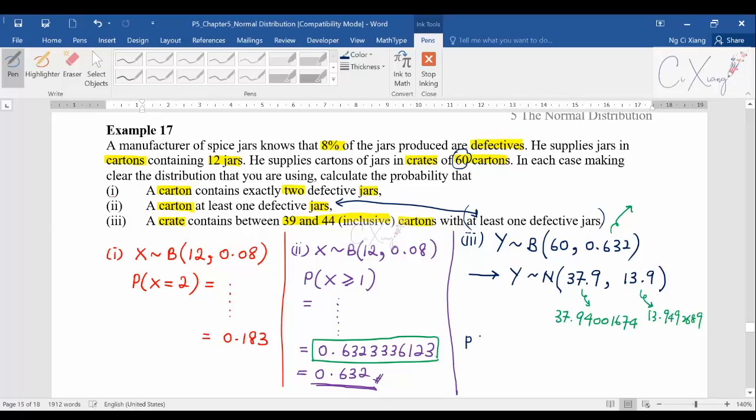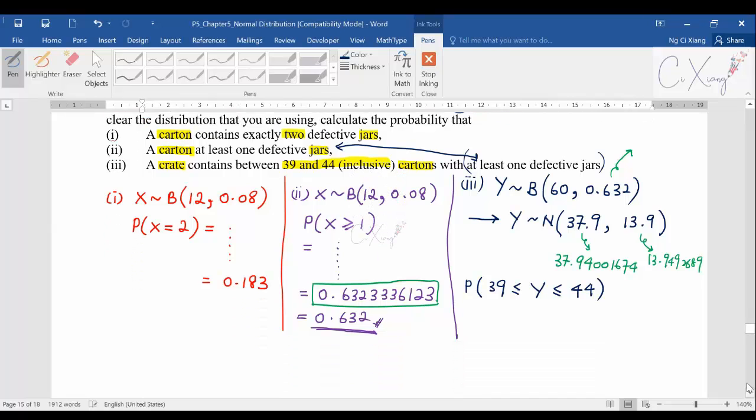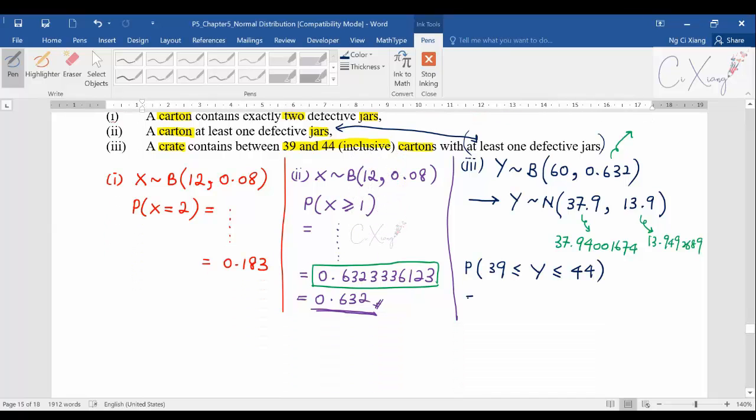Okay, then now I will continue with the question. So a crate contains a number of cartons which is between 39 to 44. All right, so how can I get 39 to 44? So this is a binomial distribution, and you need to change it to normal first. So how to change it to normal distribution?